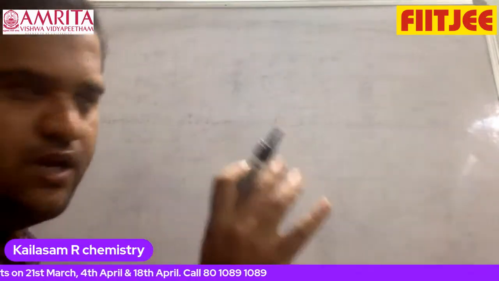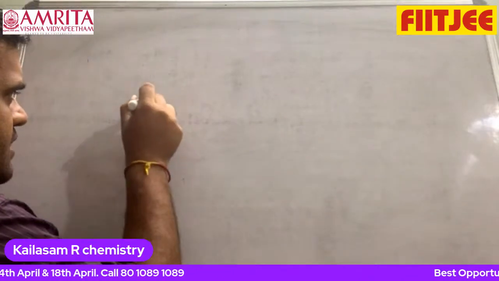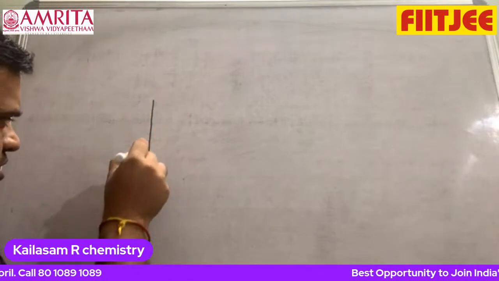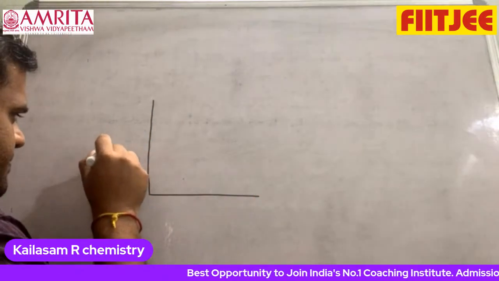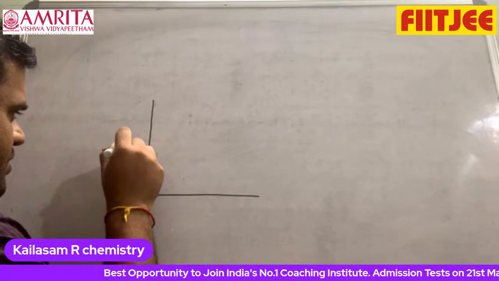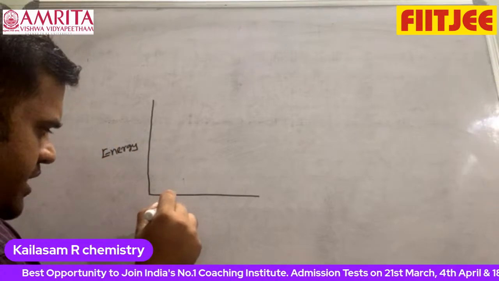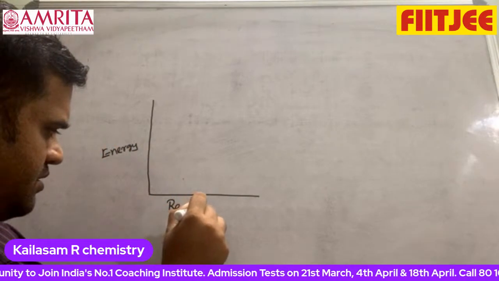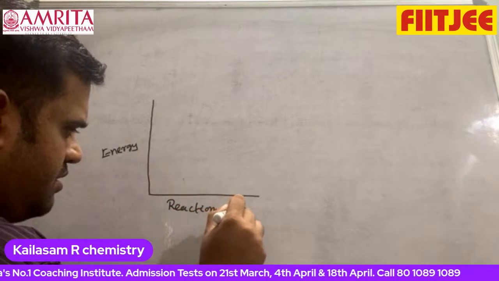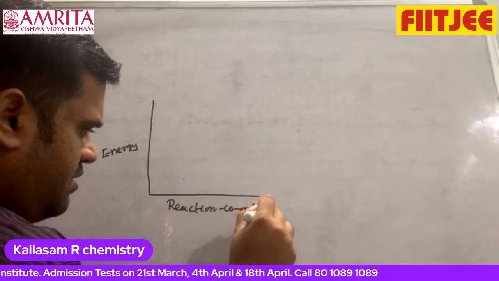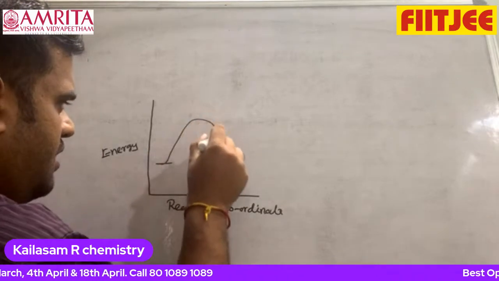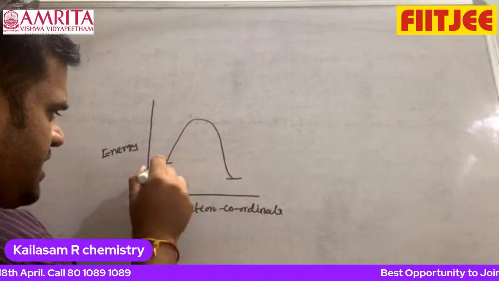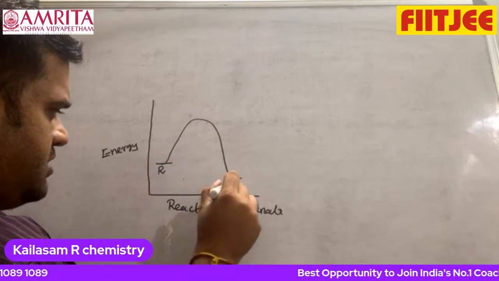According to his idea, there are 2 types of reaction. Look at this. This is energy versus reaction coordinate. I am taking this as the reactant R, and this is the product.